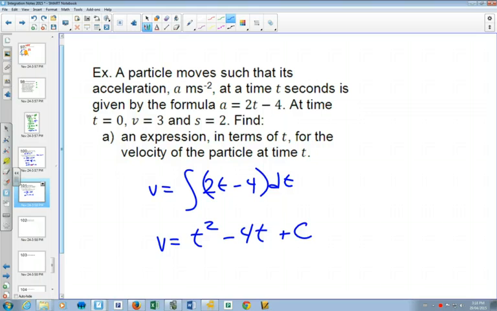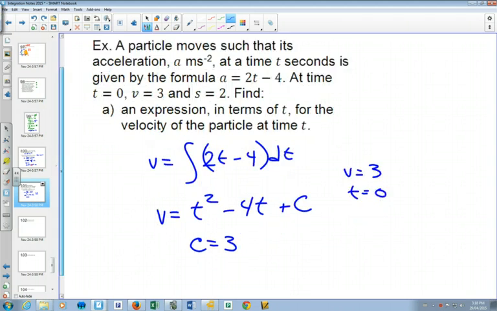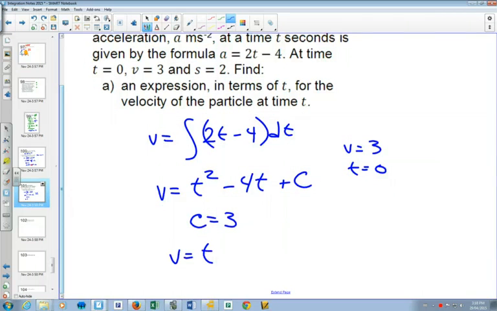We know when time is 0, velocity is 3. So you plug in 0 for t, and you get c is equal to 3. So now we can write our velocity as t squared minus 4t plus 3.